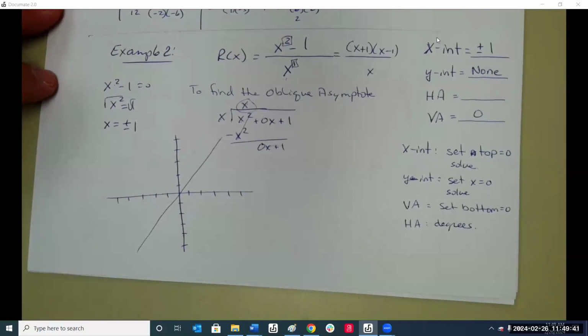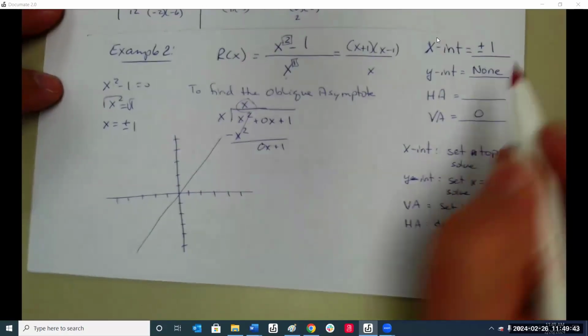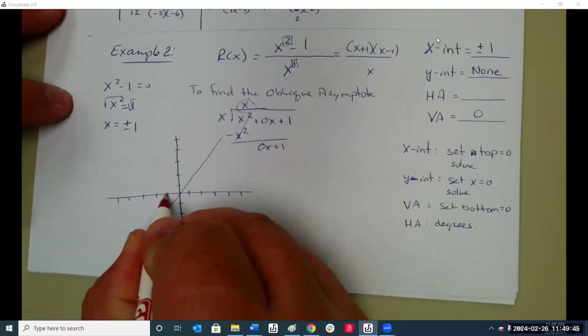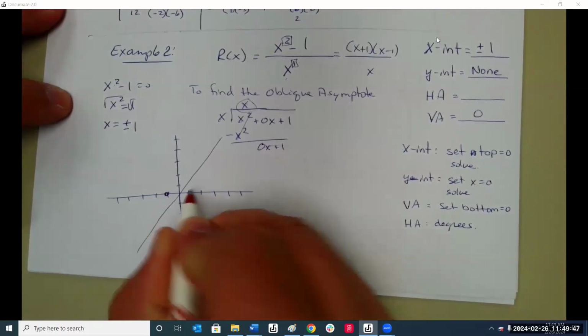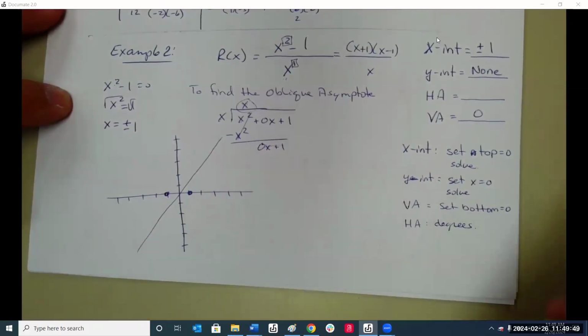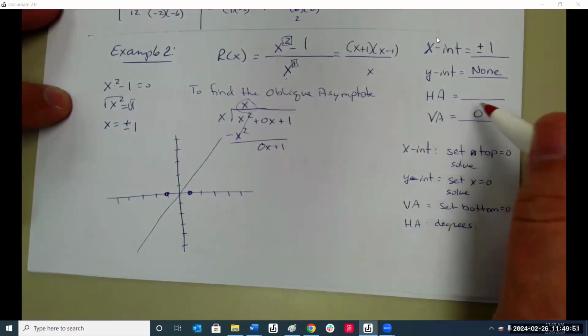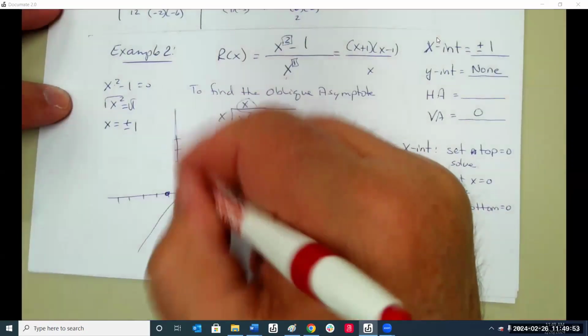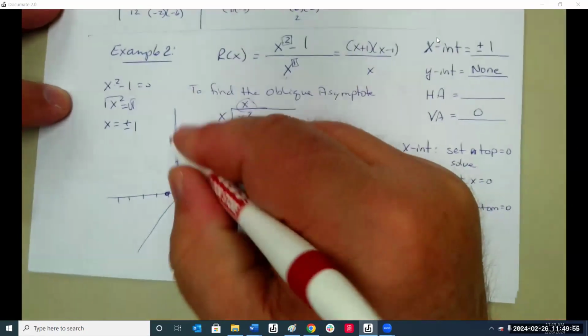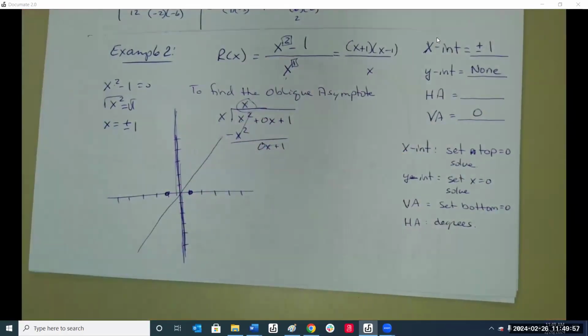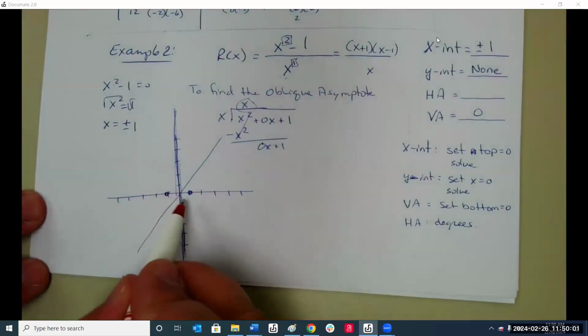So what do we do now? Our x-intercepts are at 1 and -1. Our vertical asymptote is the y-axis. So what's our graph going to look like? Let's plot some points.